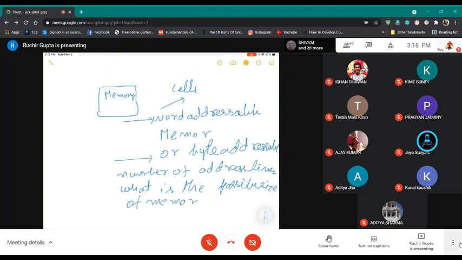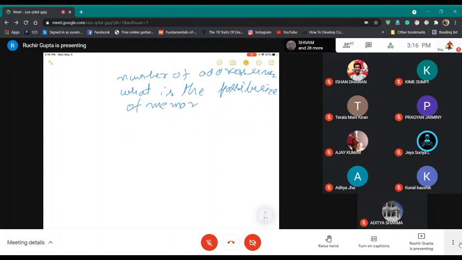So, for example, if we have 16 address lines, what may be the size of memory if it is byte addressable?